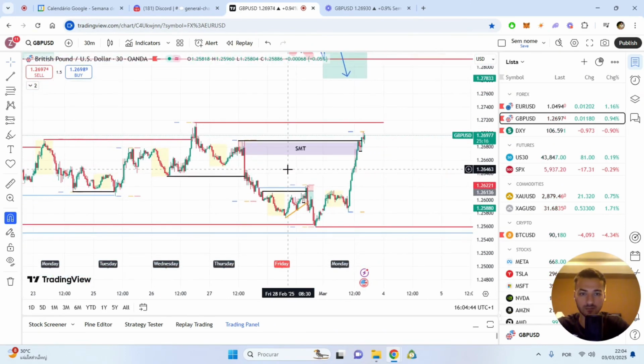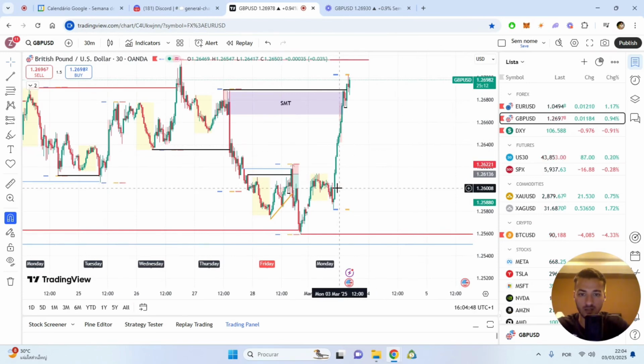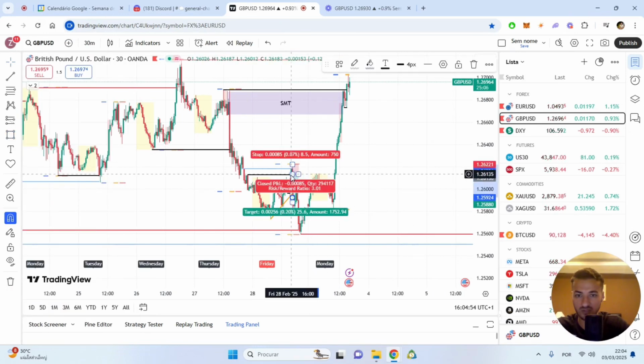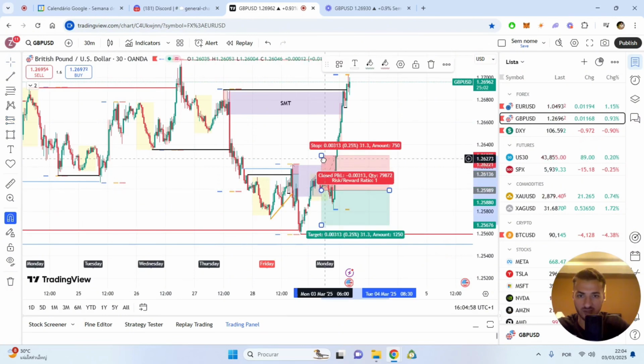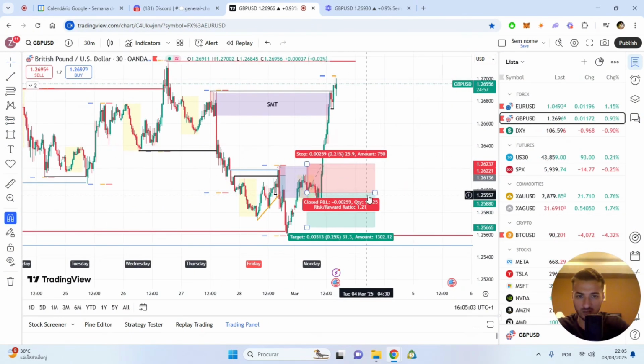And now, the beginner might have seen price come to this order block and he might have traded this. So the beginner is out.